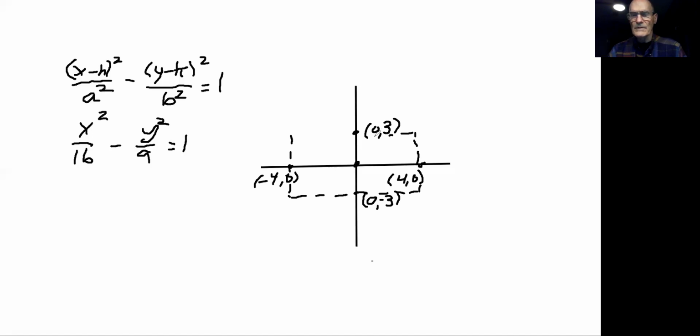I put some of these coordinates in a bad spot, but what I have here is a rectangle.